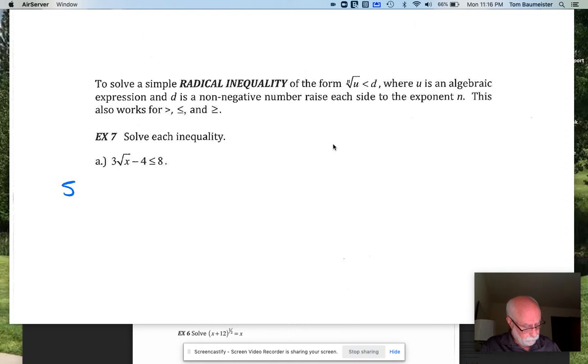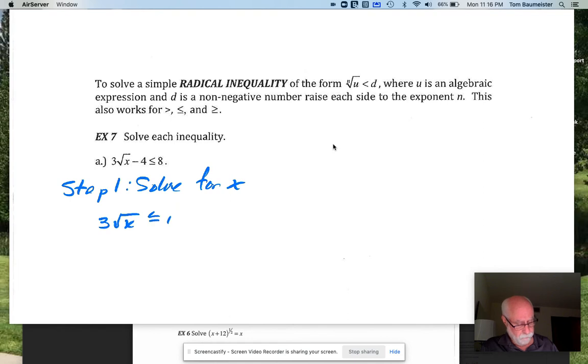So step 1, you're going to solve for x. So again, we're going to take that negative 4. Again, we need to get x by itself. So we're going to take that negative 4 and add it to the other side. So 3 root x is less than or equal to, well, 8 plus 4 is 12.